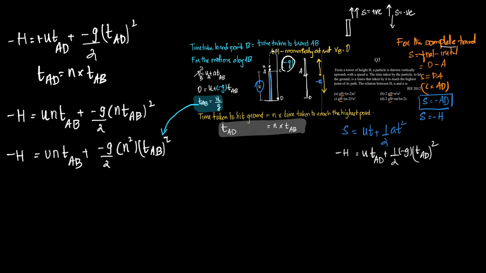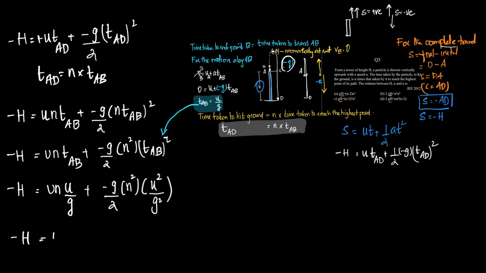So what we get is minus H is equal to UN into, what is T_AB? T_AB is U by G, plus minus G by 2 into N square into T_AB the whole square, that will become U square by G square.